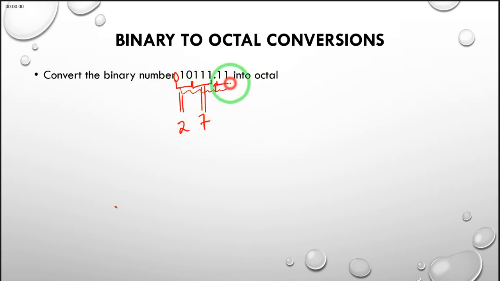And to the right, you group them again, you can assume there's a 0 there, it doesn't harm when you go to the right of the decimal, and 110 is equivalent to 6. So this is 0.6. Therefore, we are saying that this binary number is equivalent to 27.6. Again, not in decimal, but in the octal number system.